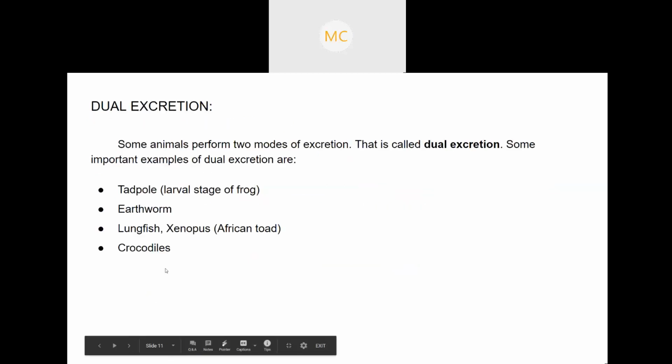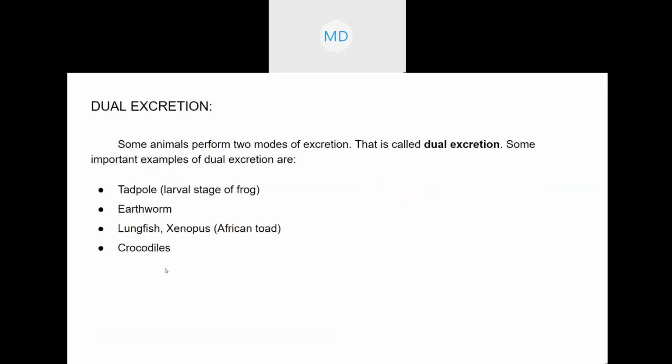So now dual excretion. It is a part of this one only. But what is dual excretion? Dual excretion means there are some organisms which excrete both, for example ammonia also and urea also. Two types of nitrogenous waste. The organisms which can excrete two types of nitrogenous waste fall under dual excretion.